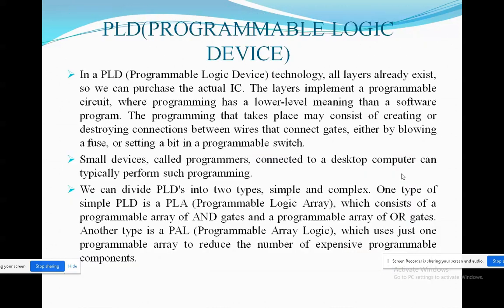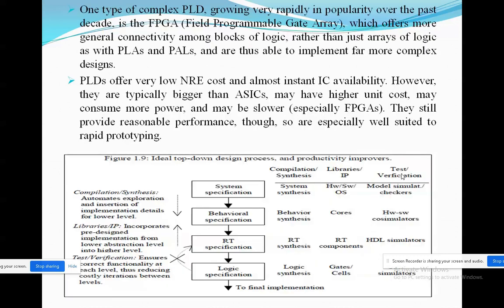Among the simple types you have PLA and PAL, but a good example of the complex type is FPGA. Nowadays you are using that FPGA very popularly. FPGA is the field programmable gate array. Here the connection will be among the logic blocks. There are no arrays of gates, no AND array or OR array.